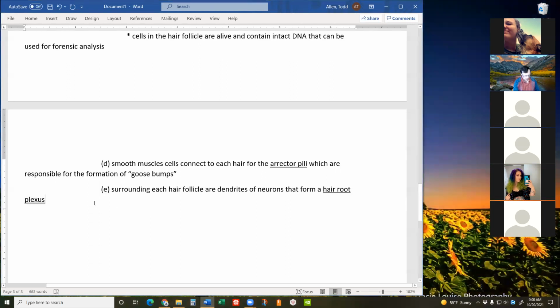These hair root plexuses have the ability to generate electrical signals, nerve impulses, anytime the hair is physically agitated, most notably by wind blowing across the hairs or somebody touching the surface of your skin.